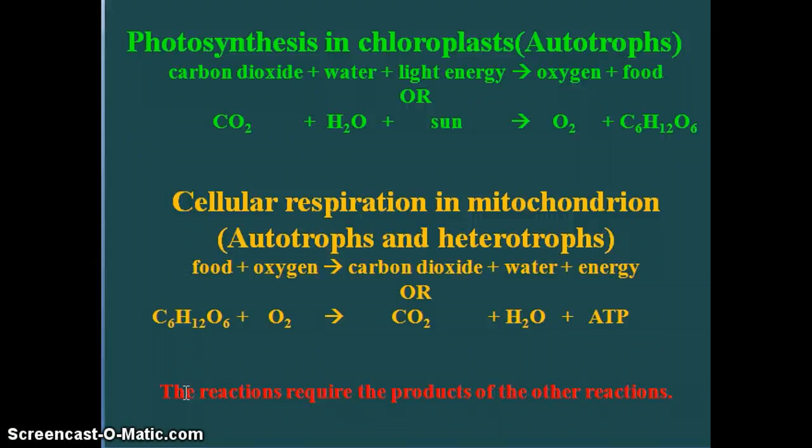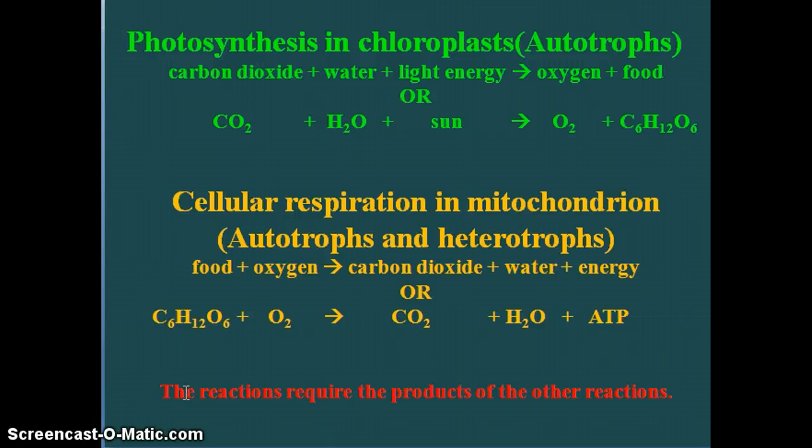You see the reactants, carbon dioxide, CO2, plus water, H2O, plus light energy, the sun. The products of photosynthesis include oxygen, O2, plus food, or what we call glucose, C6H12O6.